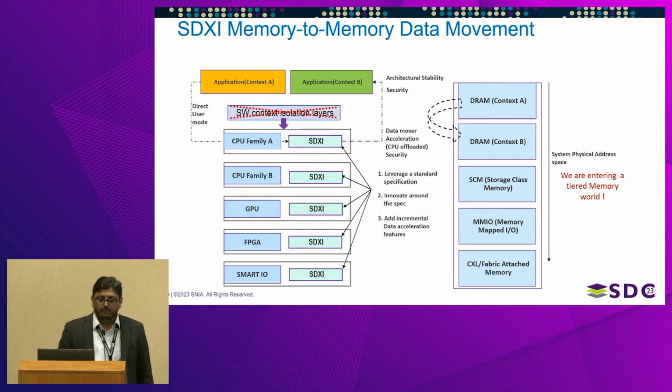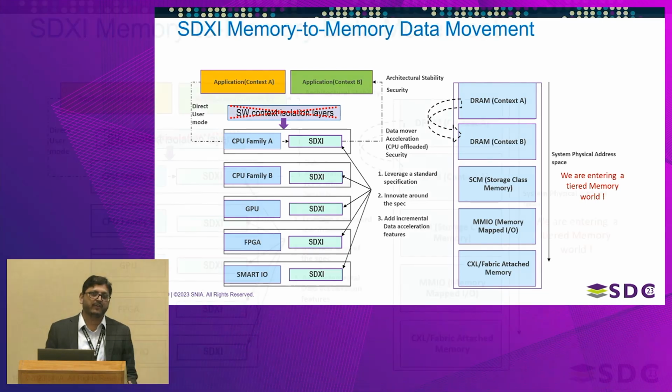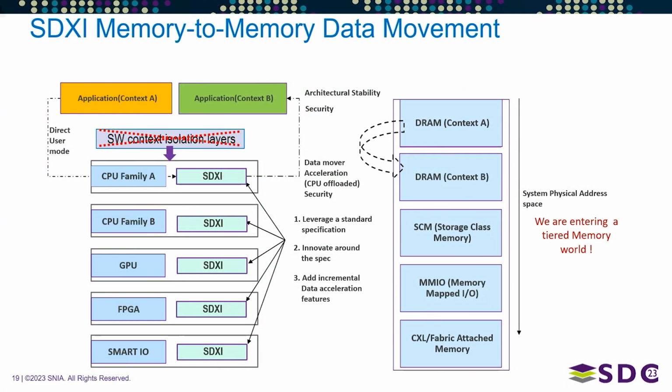Okay. Something else we tried to do was, we tried to make sure that it is not specific to one CPU architecture family. There isn't a specific instruction that you really need to be able to generate the work or have the work completed. Now, certainly some architecture implementations may be able to generate work to this interface a little bit more effectively if you had a certain kind of instruction, but the specification does not require you to be wed to a specific CPU architecture.